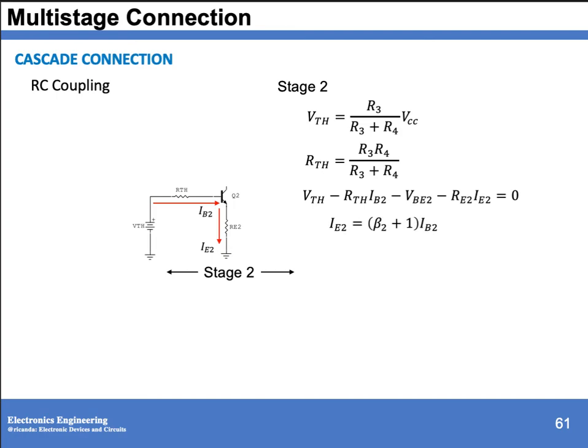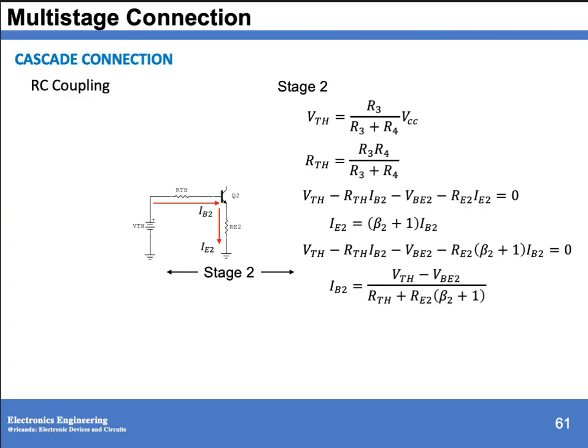So IE2 equals (beta 2 plus 1) times IB2. Therefore VTH minus RTH IB2 minus VBE2 minus RE2 times (beta 2 plus 1) IB2 equals 0. We can solve for IB2, which is VTH minus VBE all over RTH plus RE2 times (beta 2 plus 1). So IC2 is beta 2 IB2.